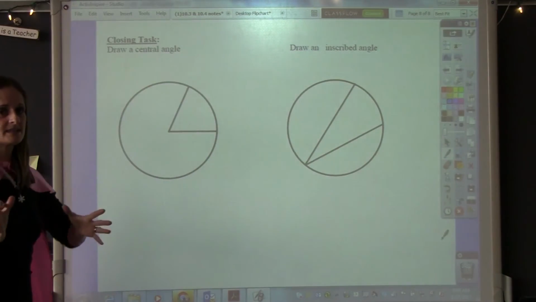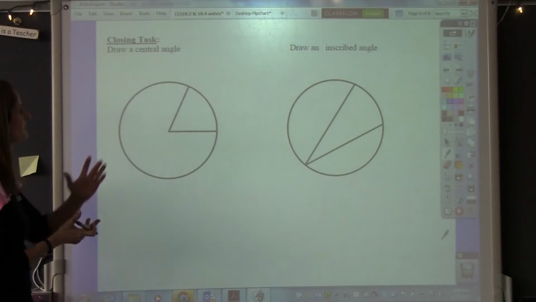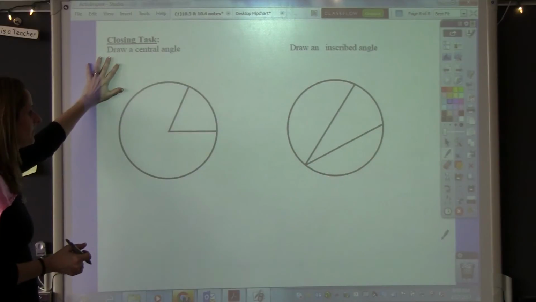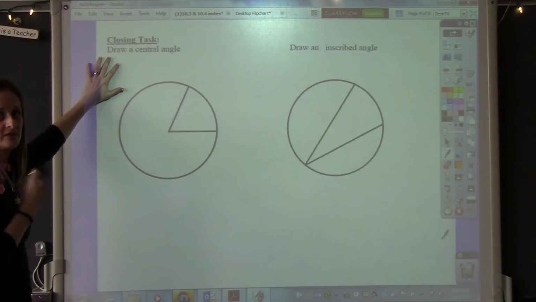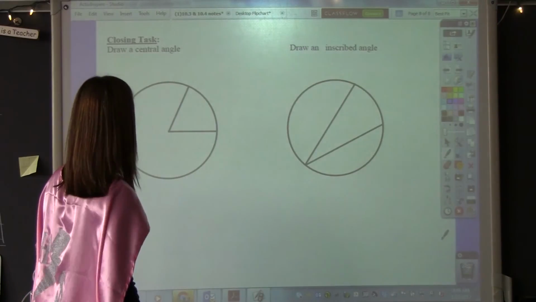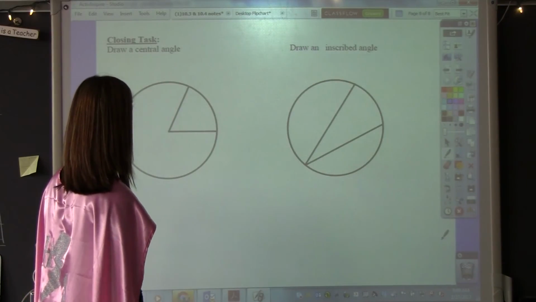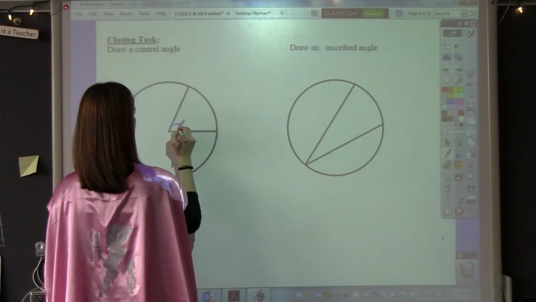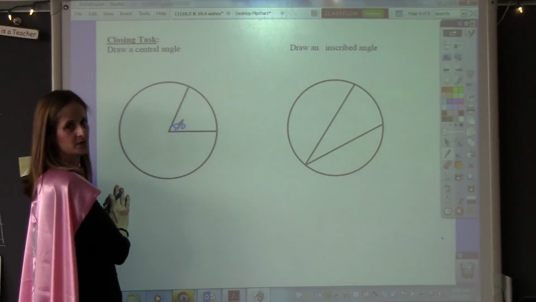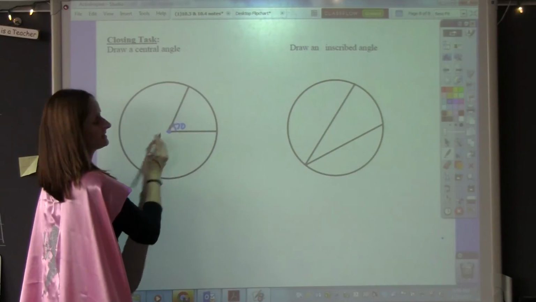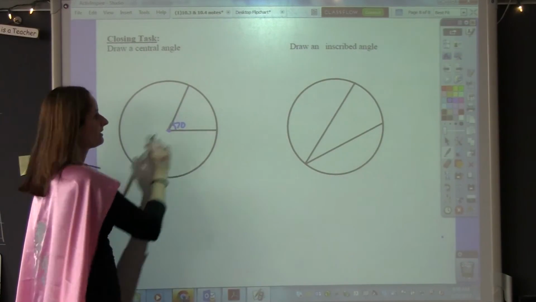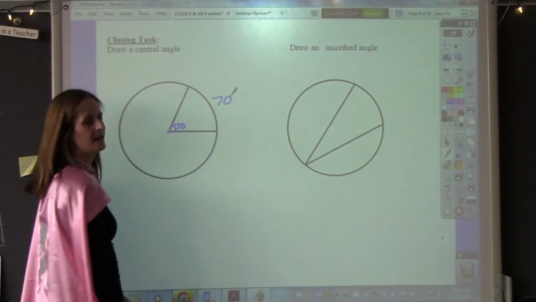And the last thing, the closing task: I want you to see if you can draw a central angle and an inscribed angle. And you've got to know the difference between the two. Okay? So if I make this, what does that look like to you? About 70 degrees? If the measure of this central angle, it's called a central angle because the vertex is in the center of the circle. If this angle is 70, the measure of that arc is 70.